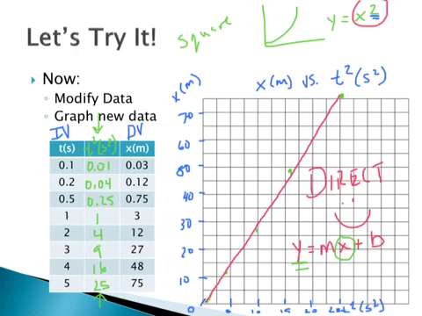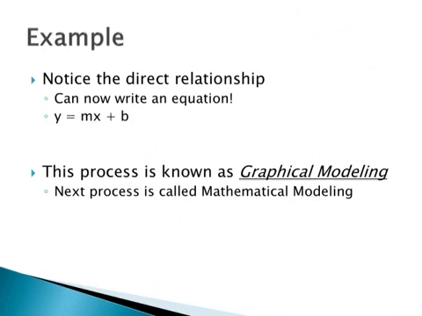Okay? So what we've done is we've taken data, we've modified it, we graphed the new modified data, and we then saw that we got a direct relationship. So again, notice that when we get a direct relationship, we now get an equation, the simplest equation we can write, y equals mx plus b. And then once we have that equation, we can fill in our variables and use that equation.